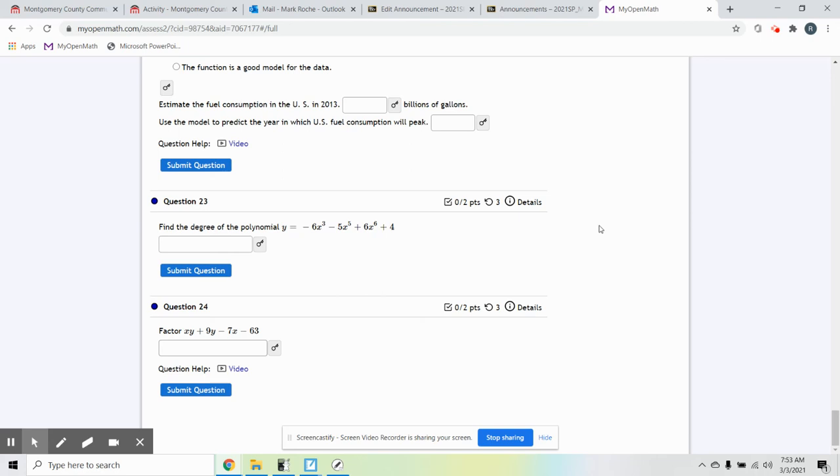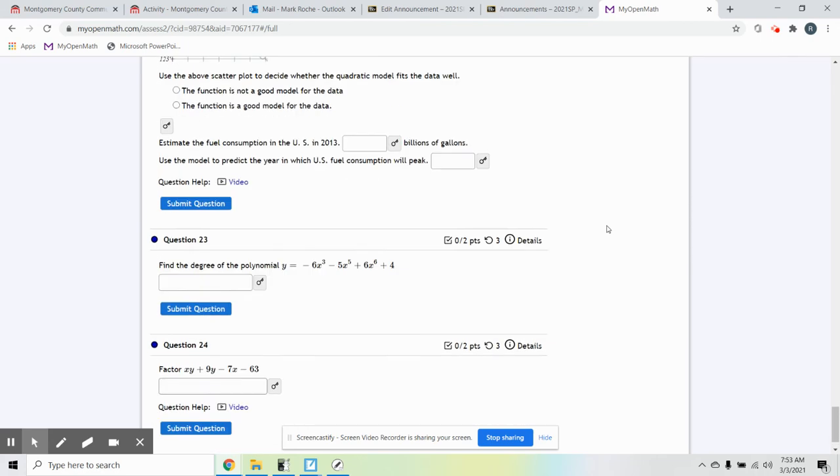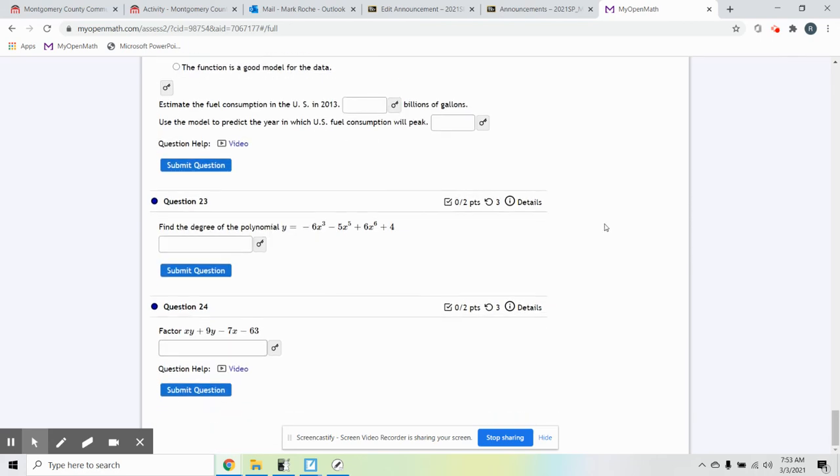Yeah, it looks like you can pretty much do most of it. I think 23 and 24 might not make sense until next class, but you should be able to do up to questions 22. So give them a shot. Email me with any questions you have, anything that's not making sense. I'll get back to you as soon as possible.